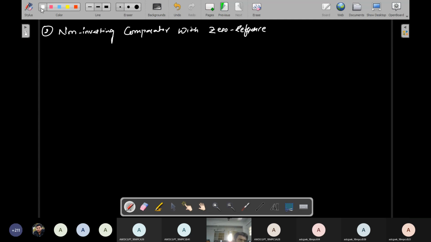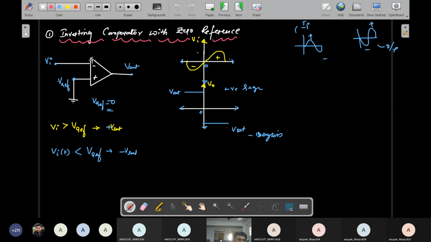Now I'll express the same concept, but in this case it is inverting, and next I am converting to non-inverting.